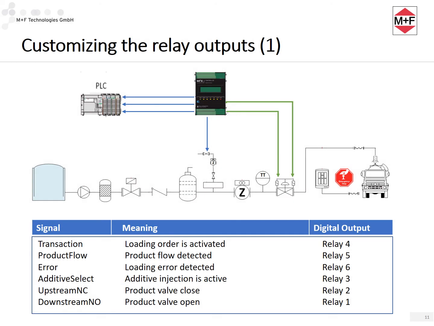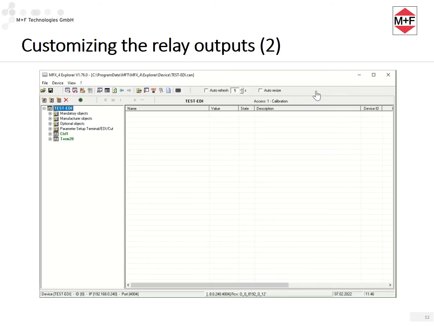Different signals for the line control and the valves are output by relays of the MFX4 controller. I can adapt the used relay outputs to the real plant afterwards. To change the relay output signals, I connect to the controller.